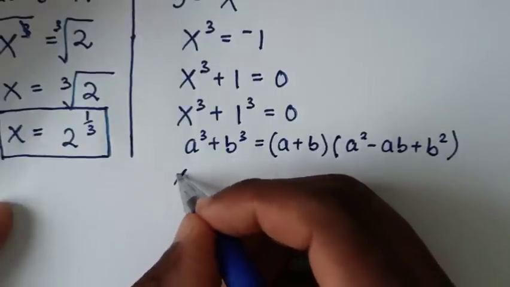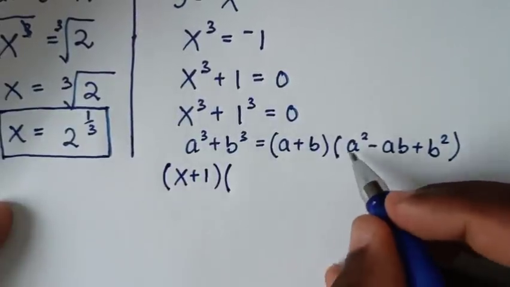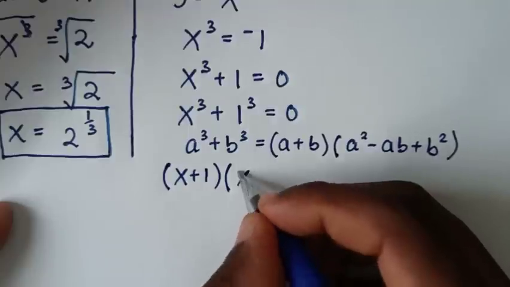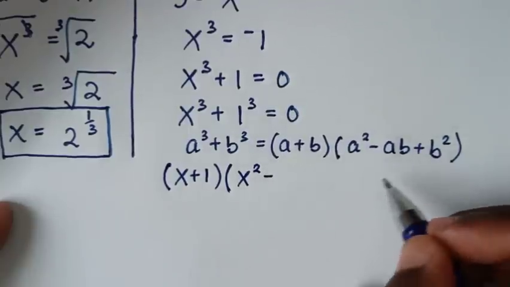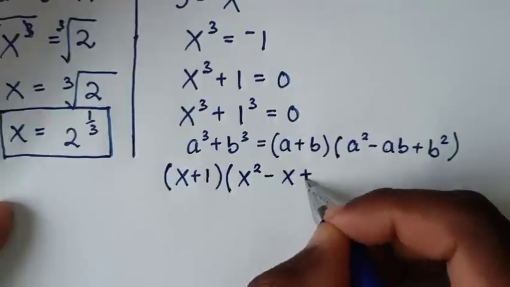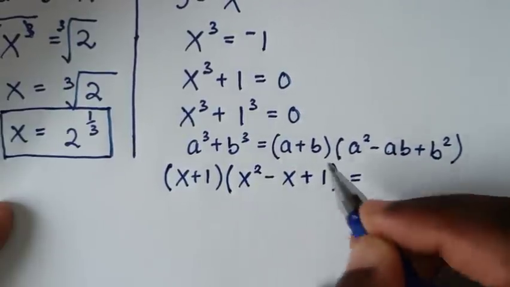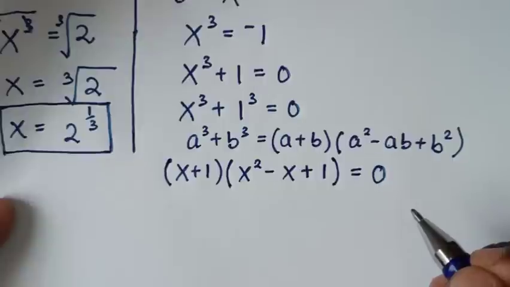So here it will be (x + 1), then times a^2, it will be x^2, then minus a times b, it will be x times 1, which is x, plus b^2, it will be 1^2, which is 1, equal to 0.